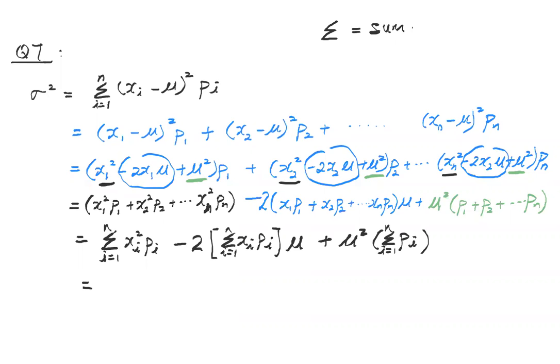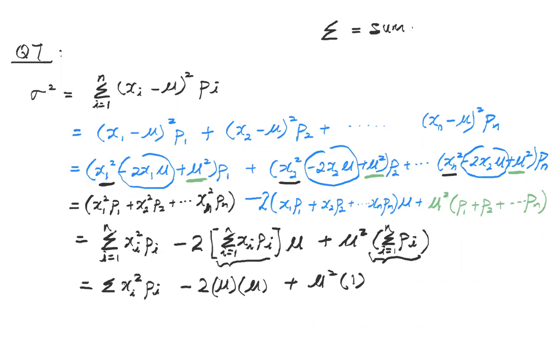So you see, I get the first part already. So it will be the sum of xi squared pi, take away 2. What is this? This is the mean. Plus mean squared. What is the value of this? It's 1. So I proved the formula.